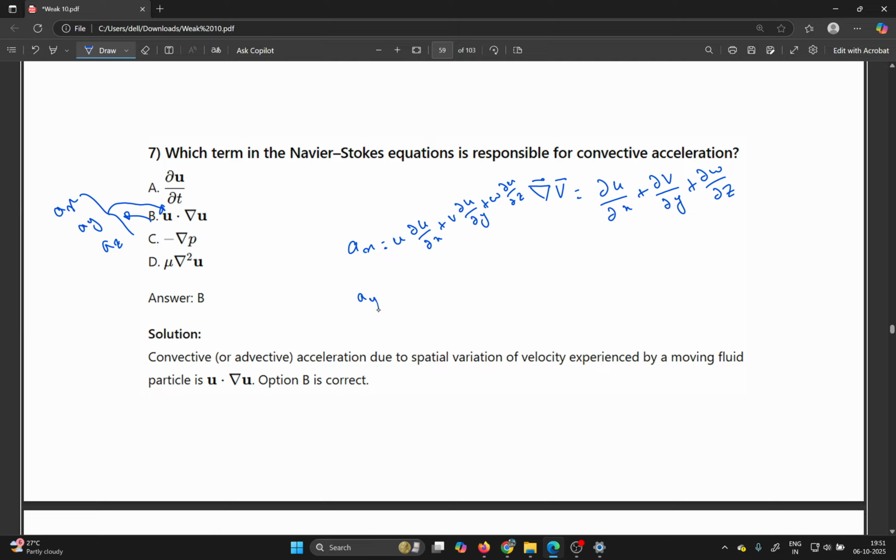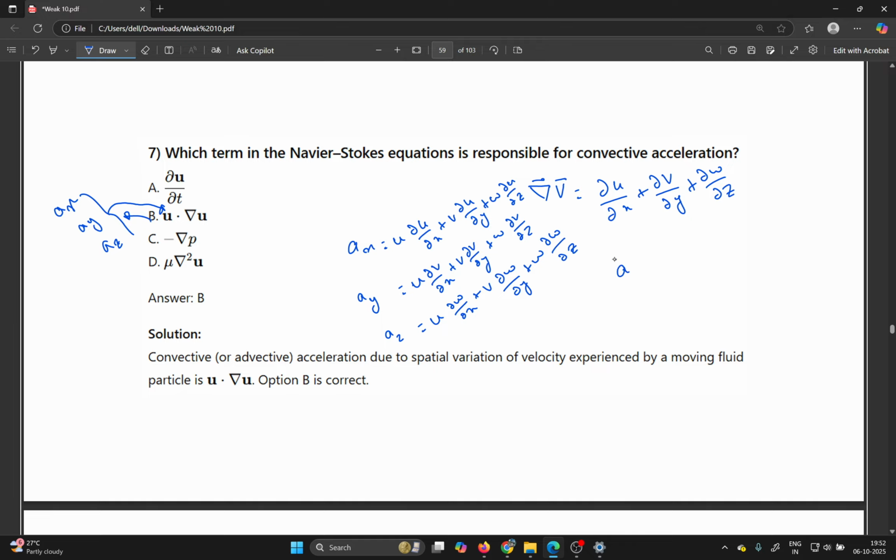Similarly, ay is nothing but u del v by del x plus v del v by del y plus w del v by del z. Similarly, for your z direction, az is u del w by del x plus v del w by del y plus w del w by del z.